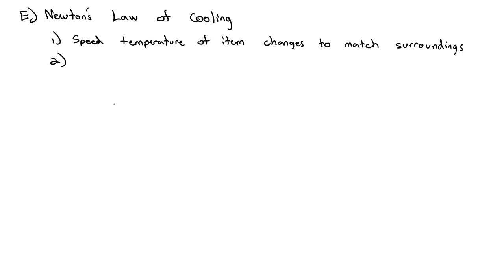The classic example of this is you take the turkey out of the oven and it's really hot, 425 degrees or whatever, and then it will slowly cool down over time as it sits on the counter in the cool air. The formula for this is T with a subscript of f is equal to A times e to the kt power plus the temperature of the space around it. So T sub f is the final temperature of the thing, whatever we're talking about.